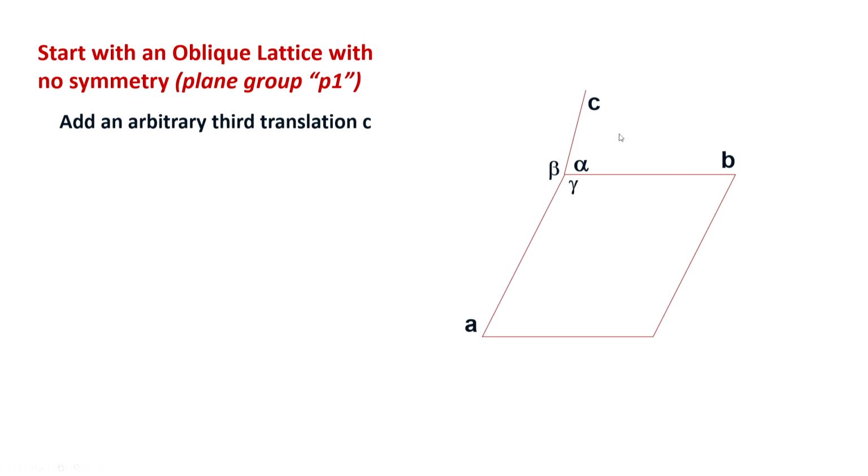These are the conventional parameters that we have taken, alpha, beta, gamma in this order, and we can now complete the unit cell. So, this is a unit cell in which there are no constraints on A, B and C, because the C vector is also of arbitrary direction and arbitrary length, and the angles also have no constraints. So, the resulting 3 dimensional lattice essentially has no symmetry, just like the oblique lattice we started with.